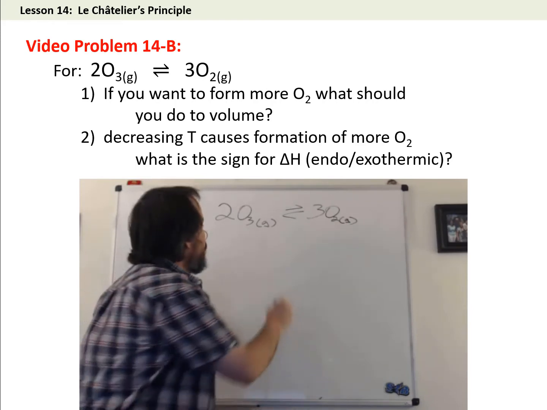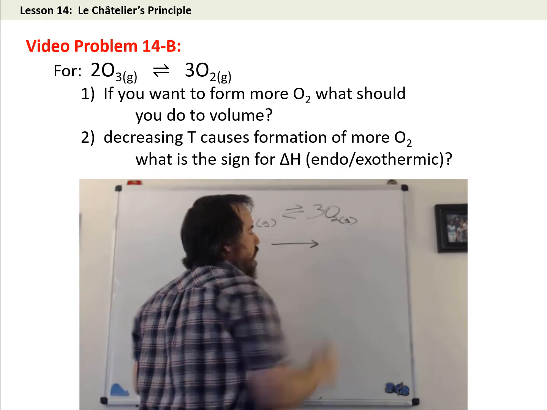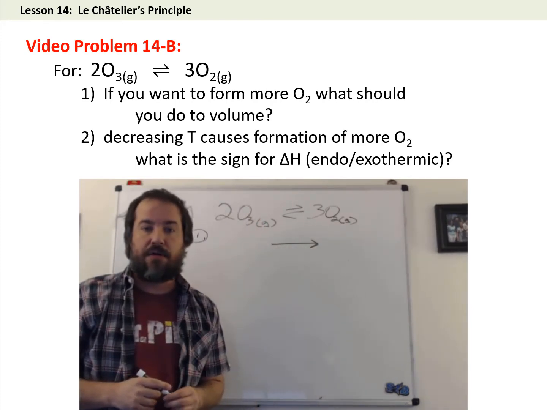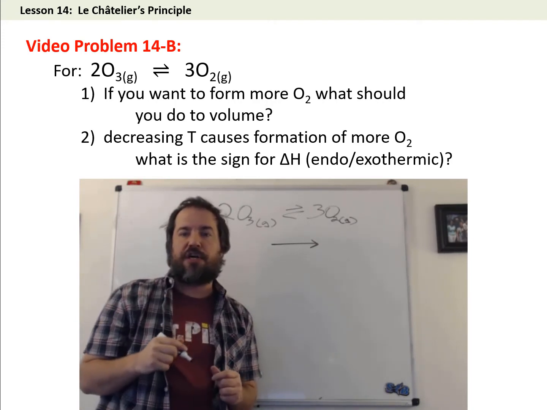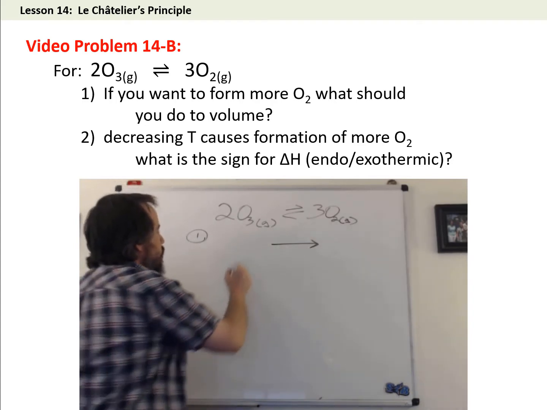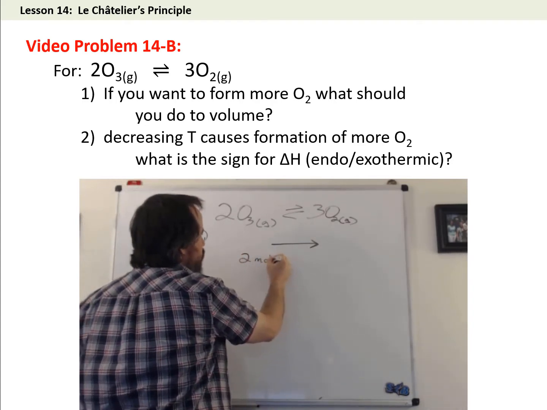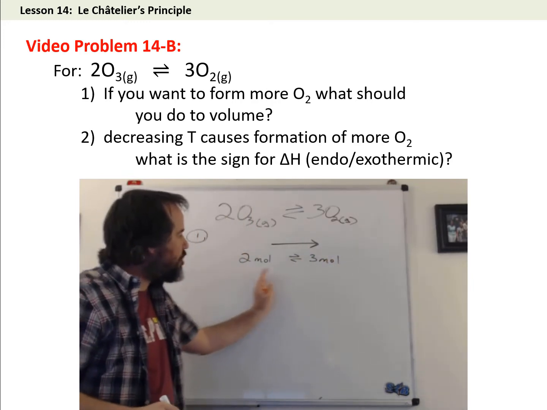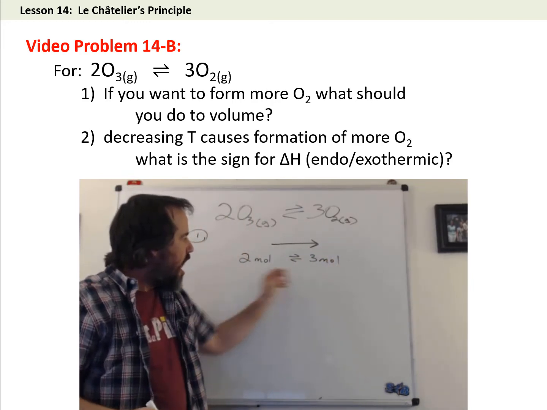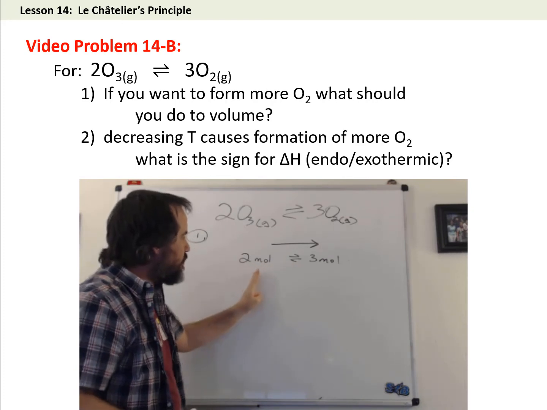So what do we want to do? We want to cause a shift to the right. Okay? So what am I going to do to volume to cause a shift to the right? So I have 2 moles going to 3 moles. If I want to shift it towards the right, I want to have it so that it goes from 2 to 3.